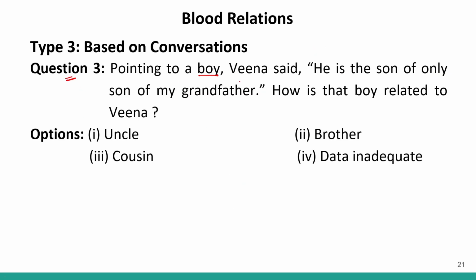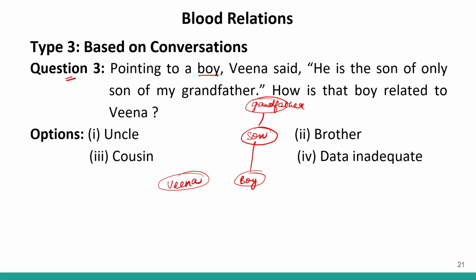Pointing to a boy, Veena said, he is the only son of my grandfather. So, Veena would be in which generation? Veena would be over here, because the grandfather is in the third generation.